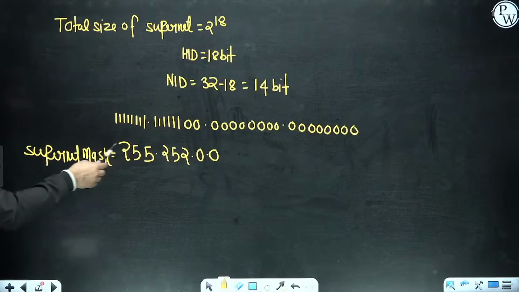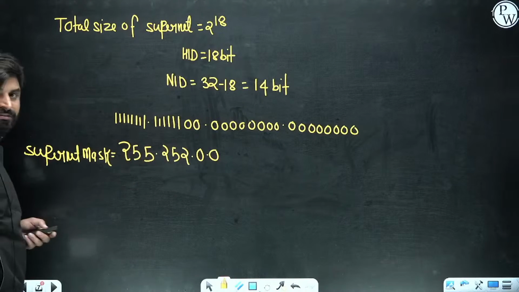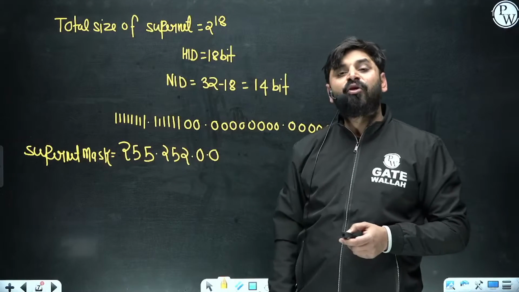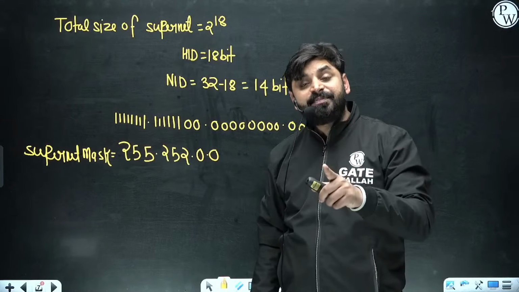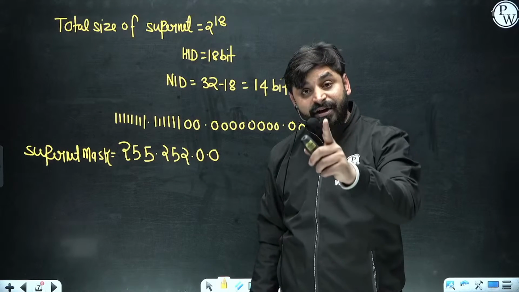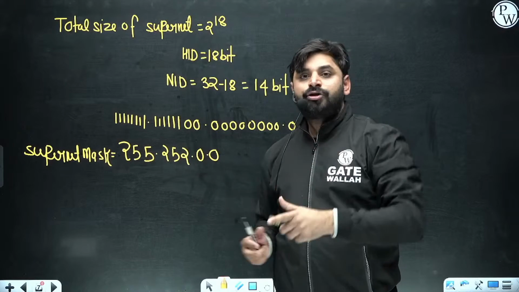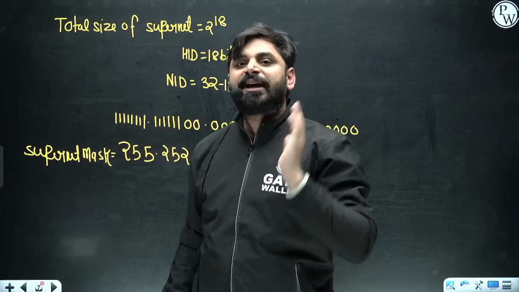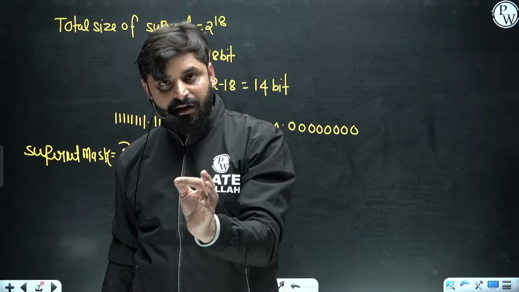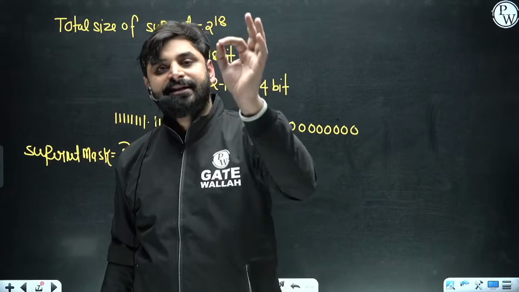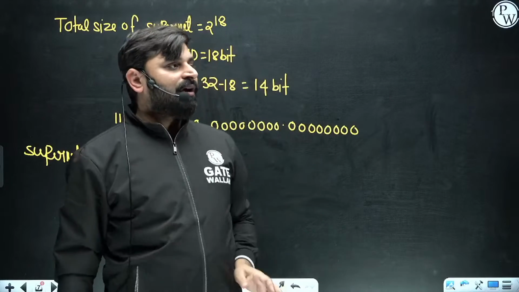Class B supernet mask, how much? 255.252.0.0. How many ones in the class B supernet mask? 8 plus 6, 14 ones. But in class B, network ID, how many bits? 16 bits. So less than the network ID or not? So it does not matter whether class A, class B, or class C. It is a general statement. In the supernet mask, number of ones is always less than the network ID bits. I hope you got it. Okay.